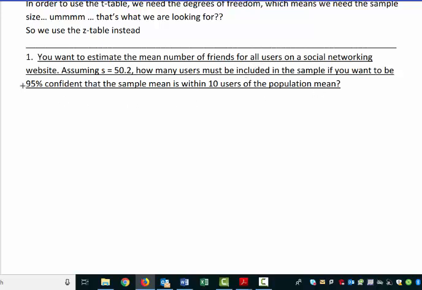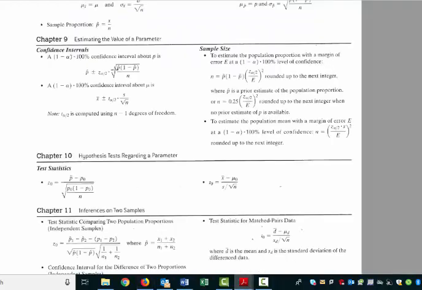If you want to be 95% confident, well, that word confident means I'm going to run to my confidence interval section. And so, just like we saw, here's confidence intervals. I'm not looking for the confidence interval, I'm looking for the sample size, and I'm doing a mean, so this is where it's going to steer me.